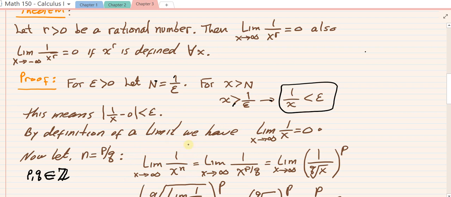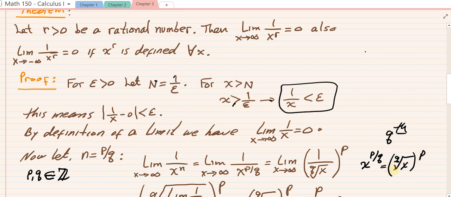We can write it as x to p over q, and then using properties of limits, I can rewrite it in a moment. What I did from here to here, next step, is actually use properties of radicals and rewrote x to p over q as the qth root of x to the p power, right? Remember, x to p over q is the qth root of x to the p power.